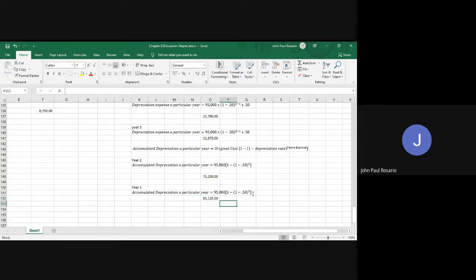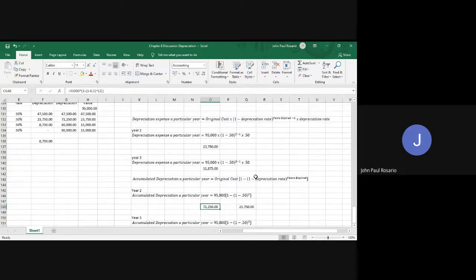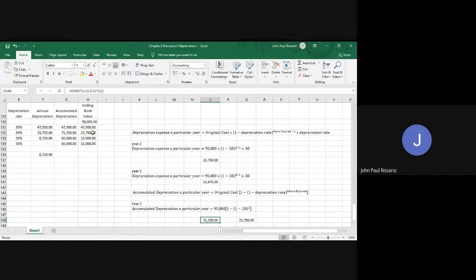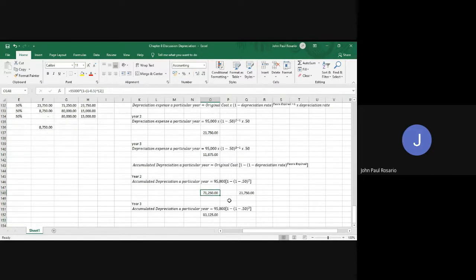Now, if you check your carrying amount, the 95,000 less our calculated accumulated depreciation, the 23,750 book value or carrying amount is very well above our salvage value, meaning this is correct and your depreciation expense for the year is correct.